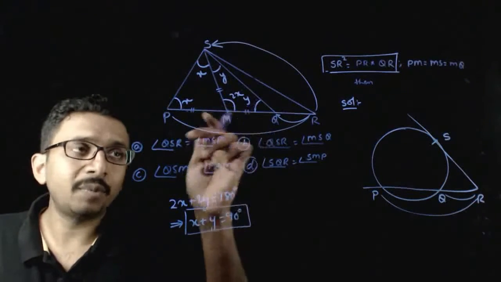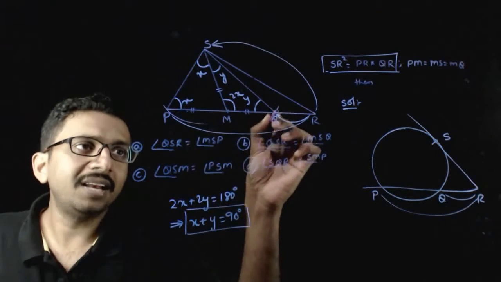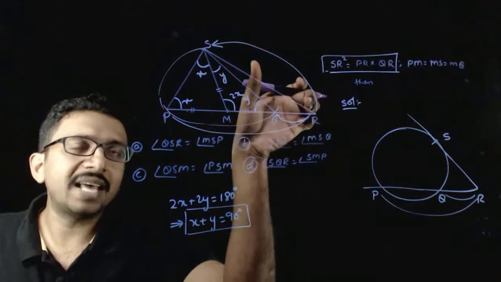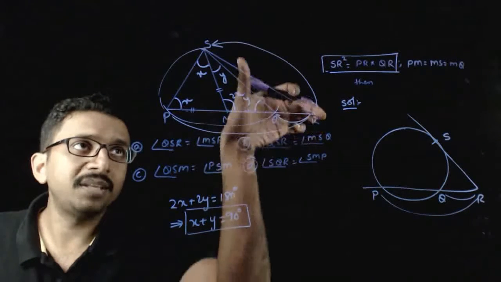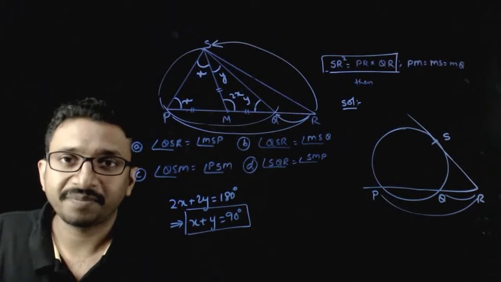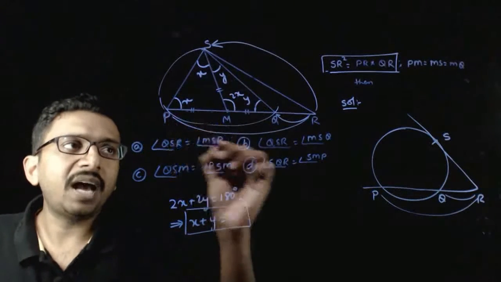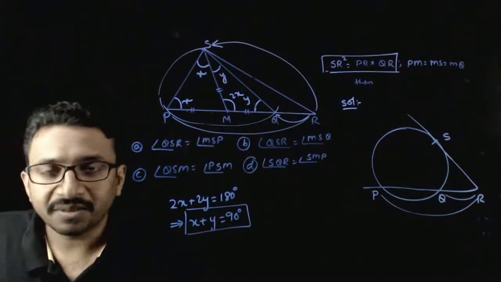Here in the diagram I am not able to draw it nicely, but theoretically if you draw a circle through P and S, SR should be the tangent to the circle because RQ into RP is equal to RS square. So a circle through P, S and Q has RS as the tangent.